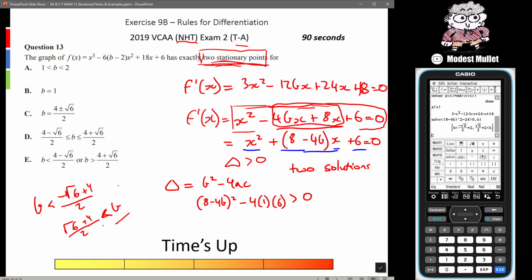So this is saying b is greater than the positive root 6, which is that one. And this is b needs to be less than, again a different order, minus root 6, which is that one. So it's e.